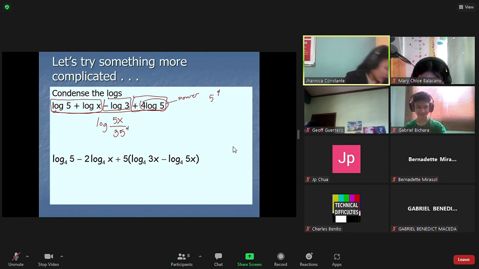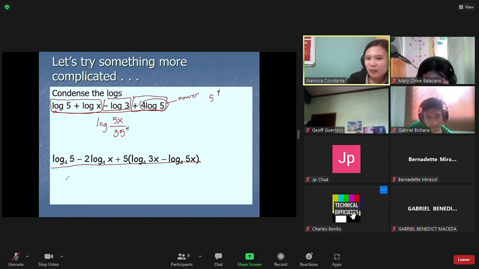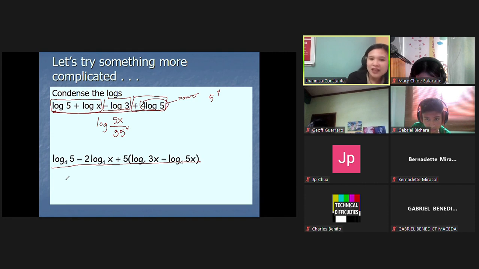So let's condense or shorten this expanded form of function, which is logarithmic 4, 5 minus the logarithmic 4 of x squared plus 5 times the quantity of logarithmic 4, 3x minus the logarithmic 4, 5x.